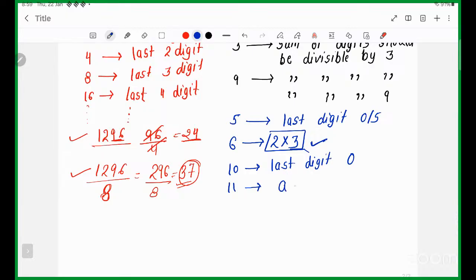If it is like A, B, C, D, E, F, G, H, I have to check whether this number is divisible by 11 or not.